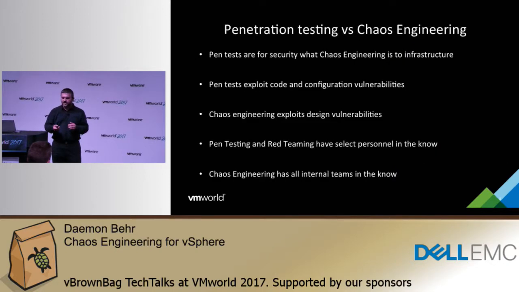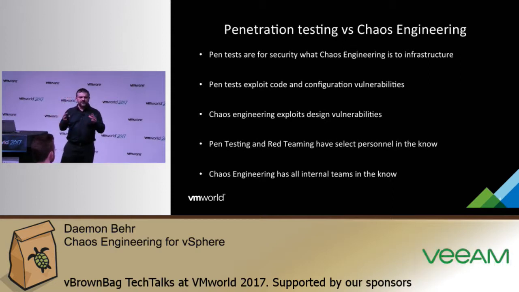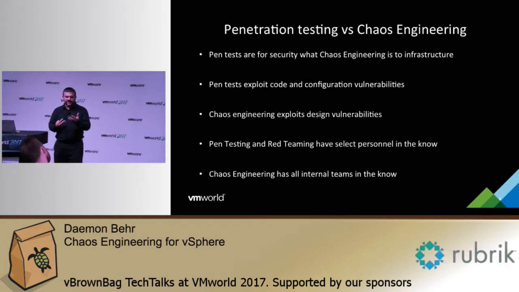I'm just going to back up one slide for a second. One way that you can look at chaos engineering is how it's done in a similar environment, but on the security side. If you compare penetration testing and chaos engineering, there are similarities and differences. Pen tests are basically for security what chaos engineering is for infrastructure.